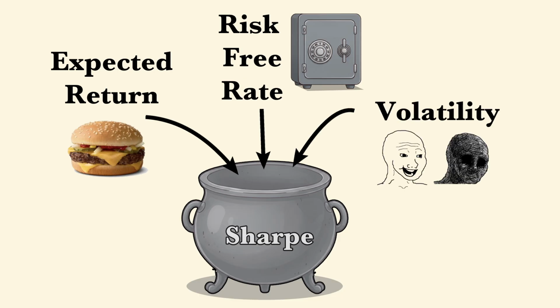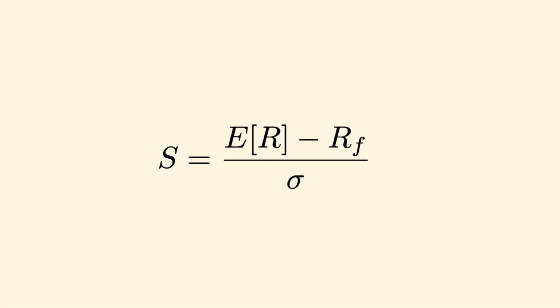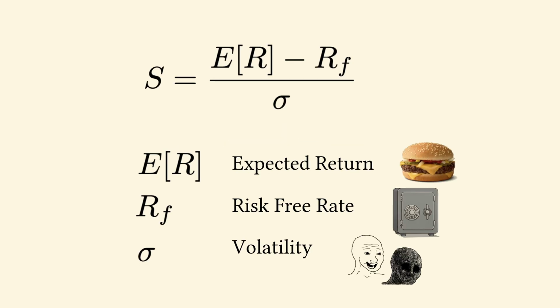And third, you need a measure of how much those returns fluctuate, in other words, the asset's volatility. Sharpe then relates the excess return, what you earn above that baseline, to the volatility you experience while earning it. This is the formula for Sharpe, which might look a little scary, but it is just the previous elements we discussed. So mathematically, Sharpe is simply the expected return minus the risk-free rate divided by volatility.